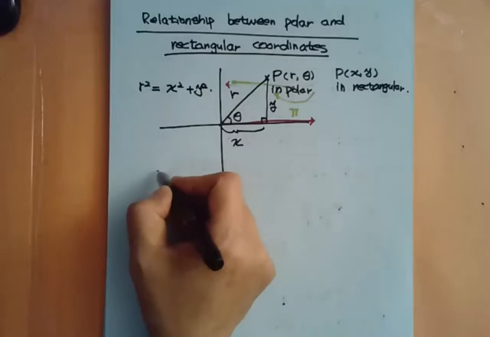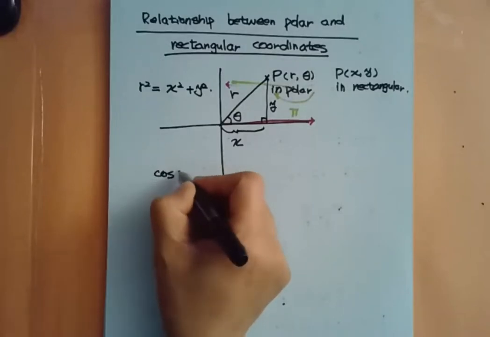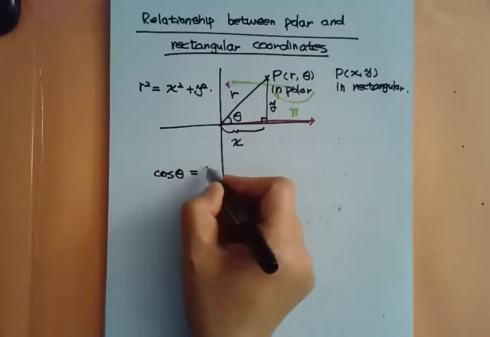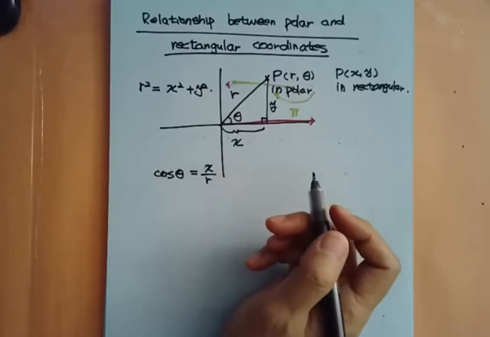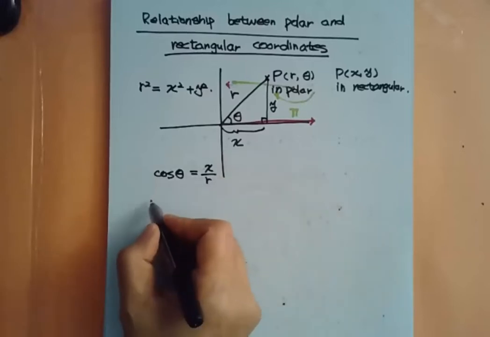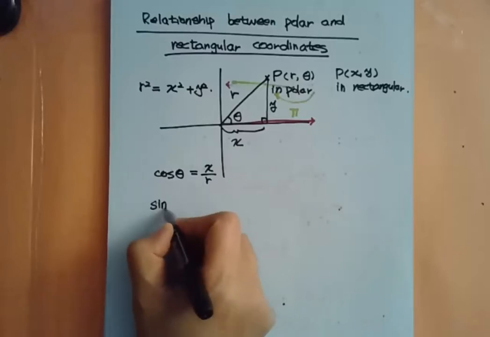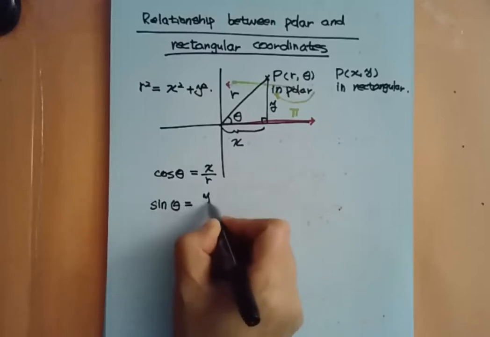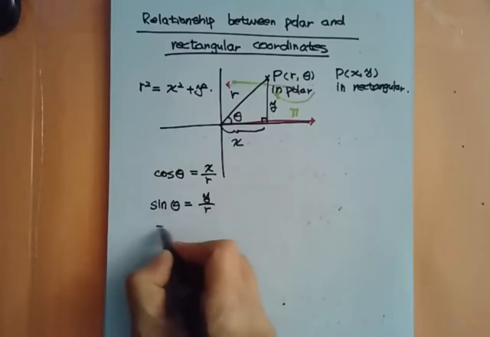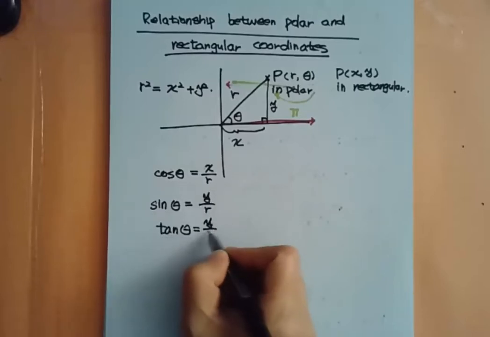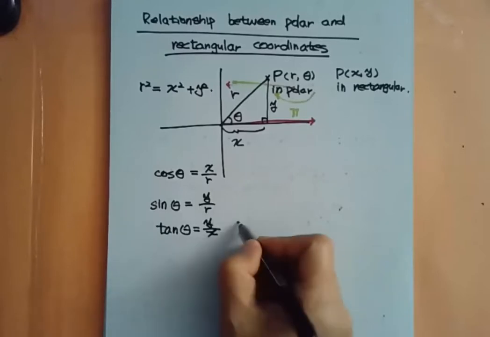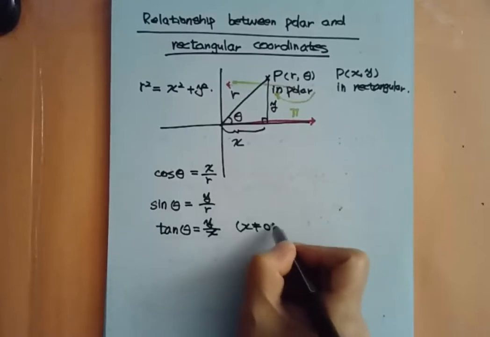We also know that cosine of theta in rectangular coordinate definition is x over r. And sine of theta was defined as y over r. And the tangent of theta is defined as y over x when x is not equal to 0.